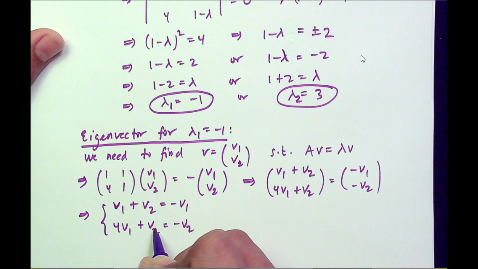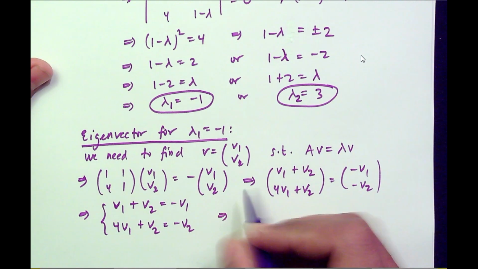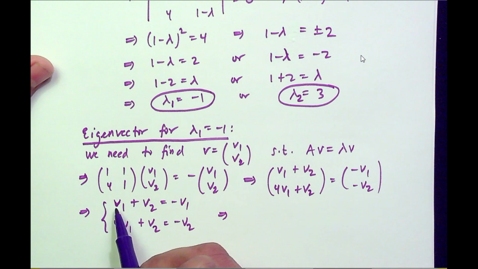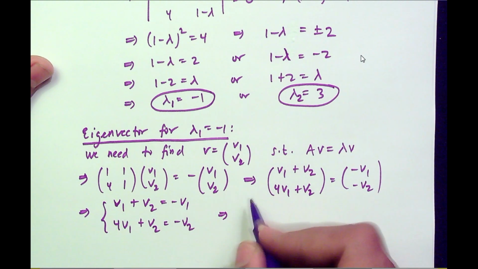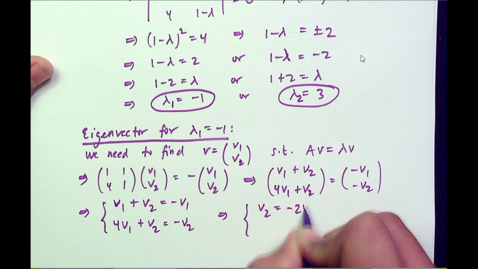And remember, these actually do give you the exact same thing. Both of these equations do give you the exact same thing. If you were to move this V1 to the right-hand side, you would get V2 equals negative 2V1.